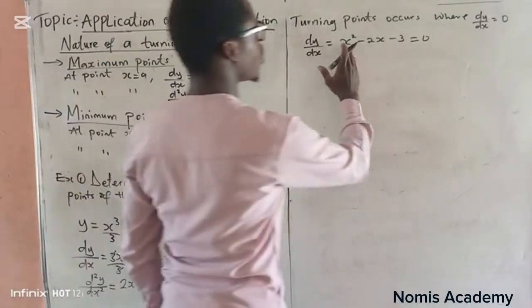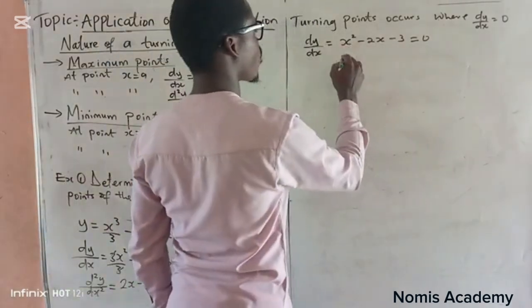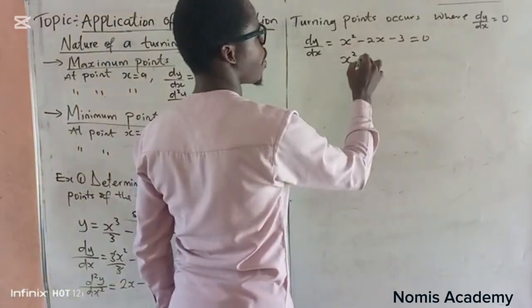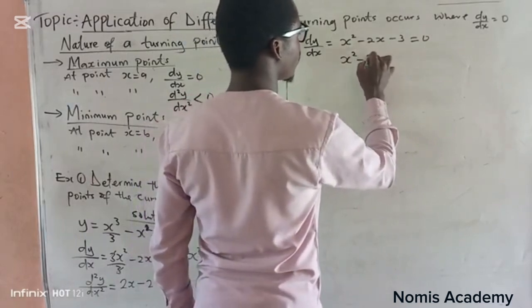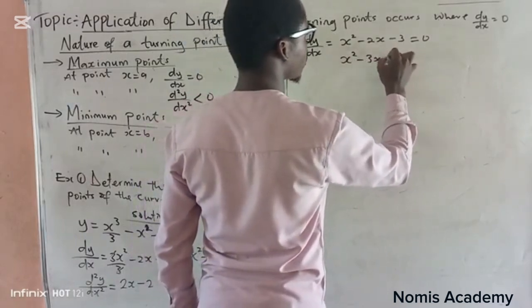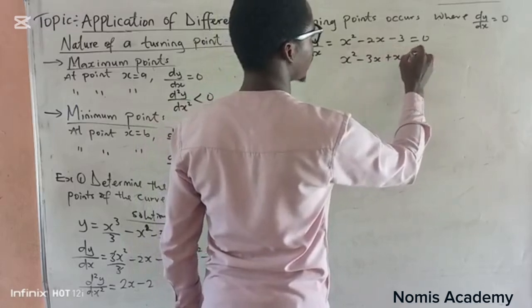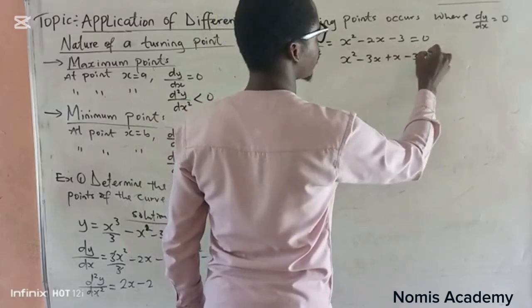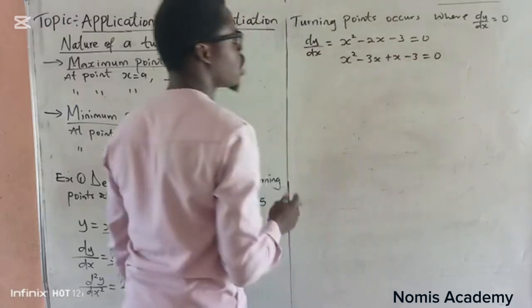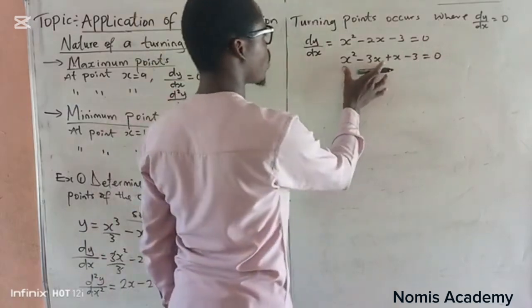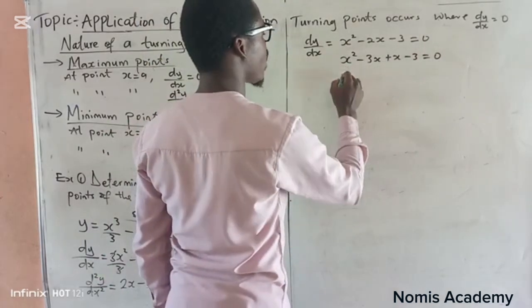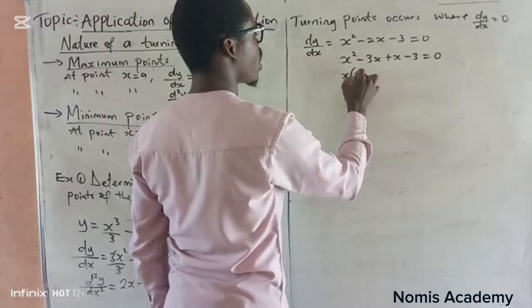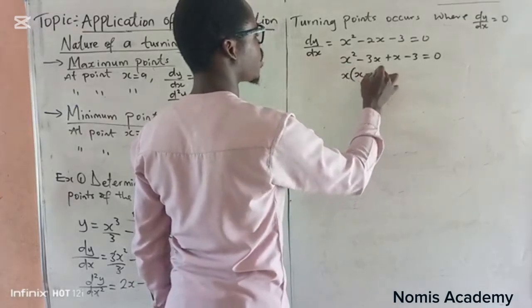So we are going to factorize this, and that will be x squared minus 3x plus x, and then minus 3 equal to 0. To simplify this, we pick the first two terms and pick out what is common. We have x as the common factor, and then x minus 3.